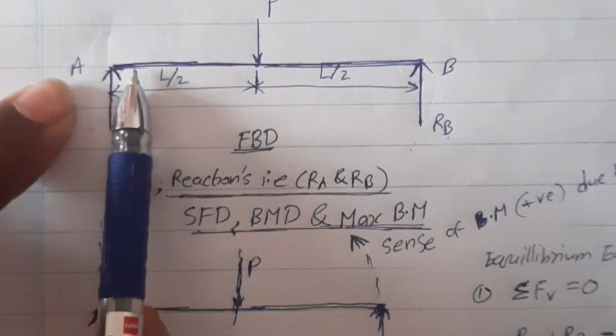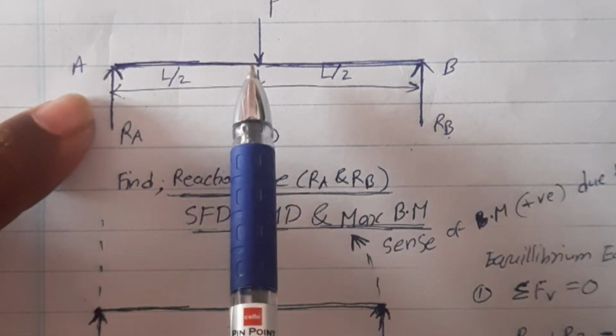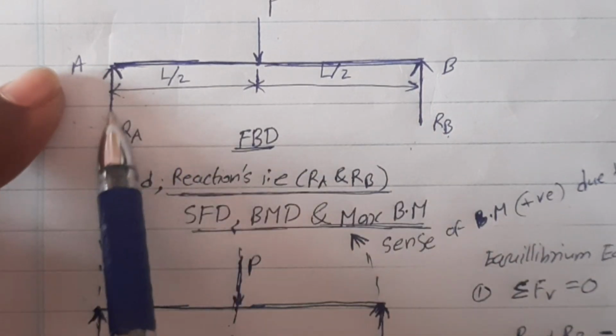And for finding the bending moment at C, take either the points from A or B. I have taken from point A: RA into the distance from A to C, that means L by 2.